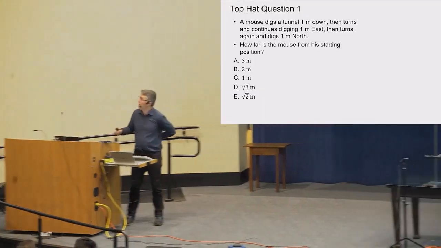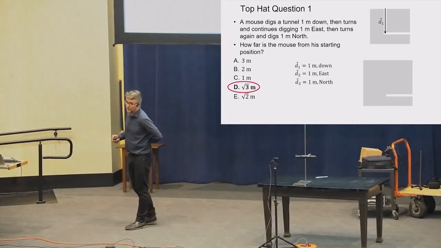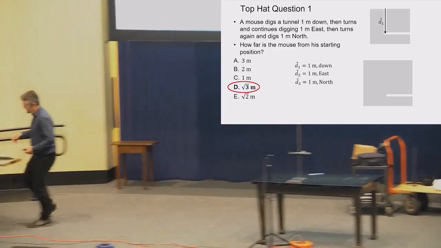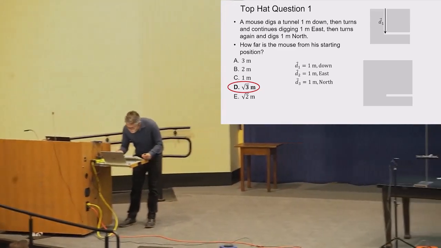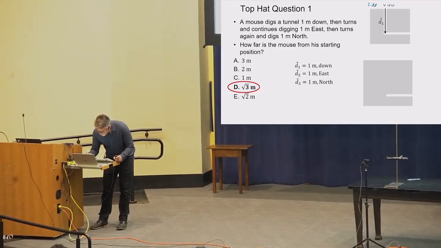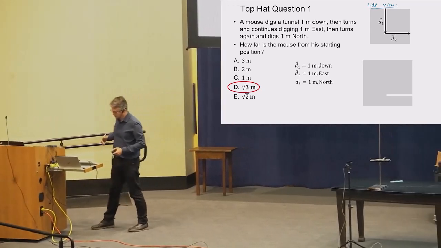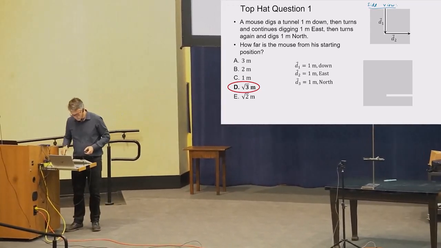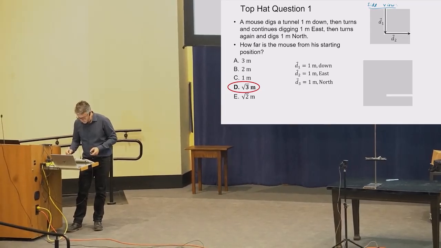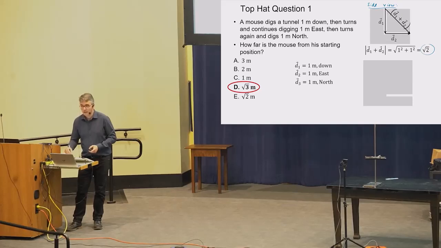The way I did it is, first of all, I imagined a side view. Since I can only draw things in 2D, I just imagine I'm looking at the side. So he goes down 1 meter, and then he goes east 1 meter. So you can get that he goes square root 2 meters on that first leg.